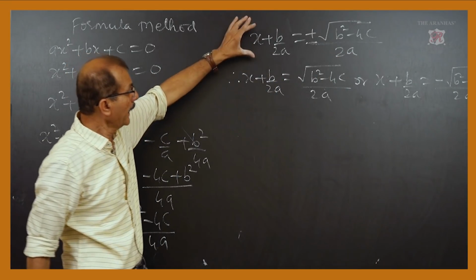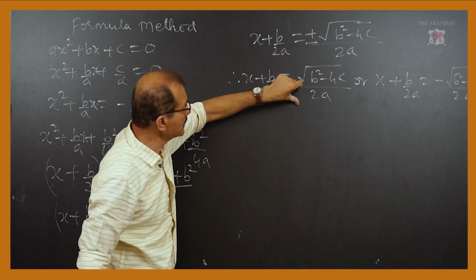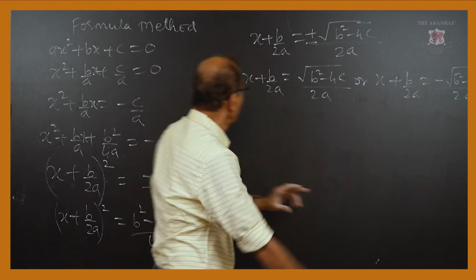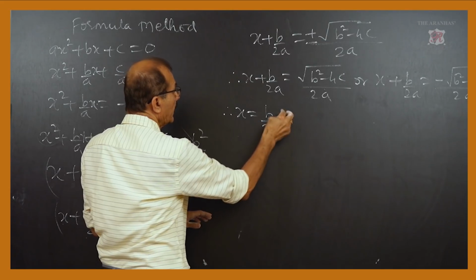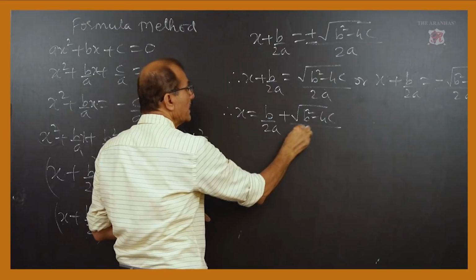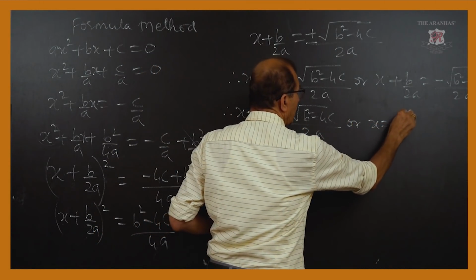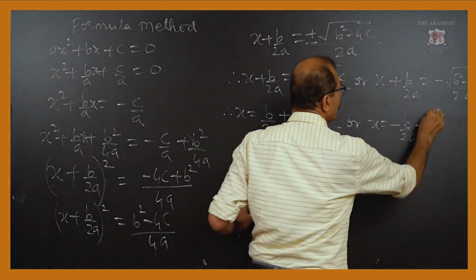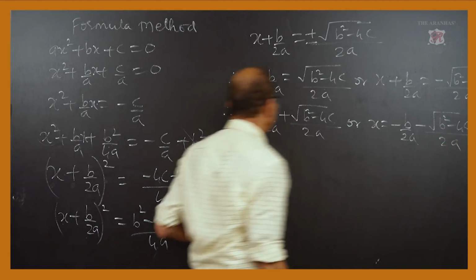What I did? x plus b upon 2a is plus minus. So once I took plus and once I took minus. Therefore, x is equals to minus b upon 2a plus root of b square minus 4ac upon 2a, or x is equals to minus b upon 2a minus root of b square minus 4ac upon 2a.